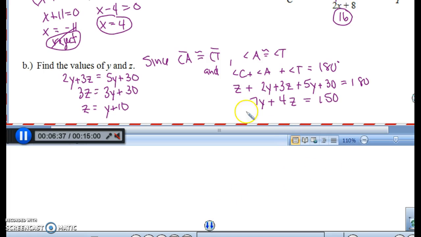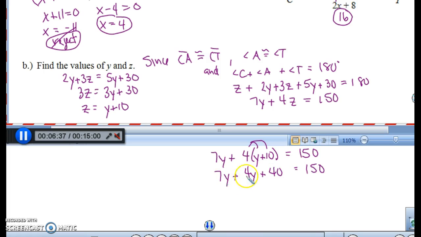So now I can substitute. I can take y plus 10 and plug it in for z. So I have 7y plus 4 times y plus 10 equals 150. Distribute, make sure you get both terms. 4y plus 40 equals 150. 7 plus 4 is 11y, plus 40 equals 150.